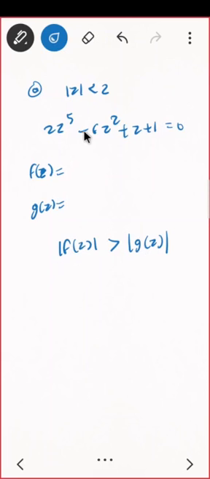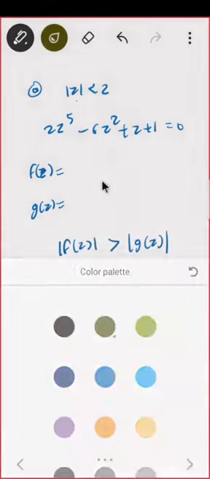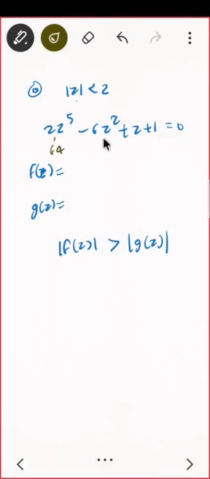If mod z is less than 2, you can put any number smaller than 2, like 1.5, but do not go less than 1, because in the next case we will be considering that. So it is better to take mod z equal to 2 and check on the boundary. If I put 2, this will be 64, since 2 raised to 6 is 64. This will be 24, and this will be 2, and this will be 1.